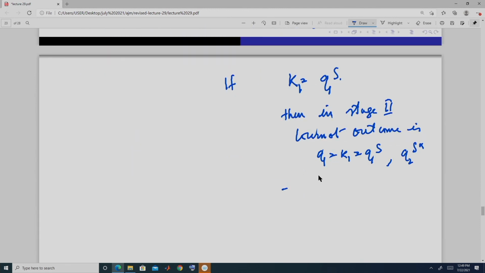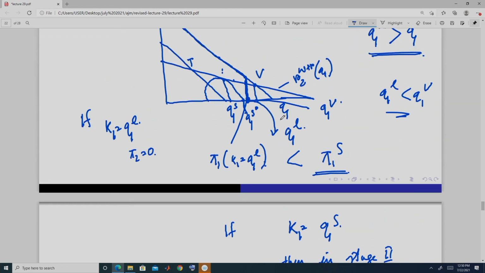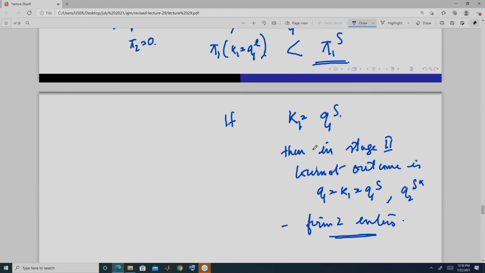So, in this case firm 2 enters, but if firm 2 enters, firm 1 gets more profit than by deterring the entry of firm 2. By deterring the entry of firm 2, it gets less profit than by allowing firm 2 to enter and having capacity this much.